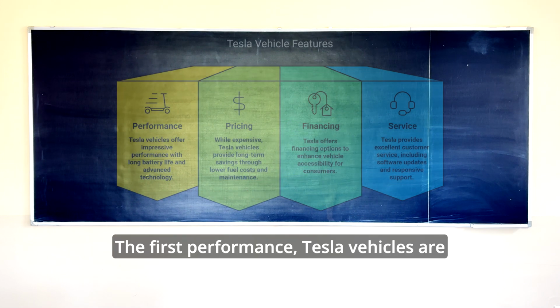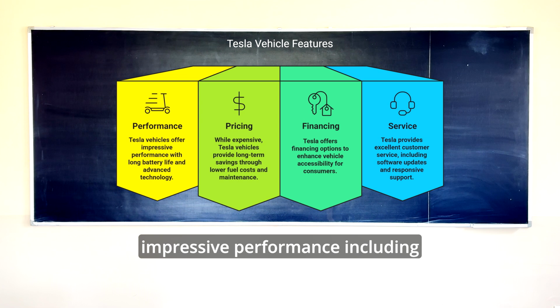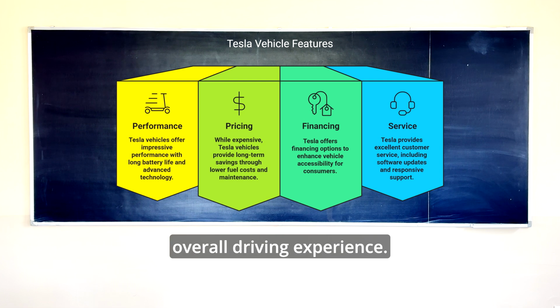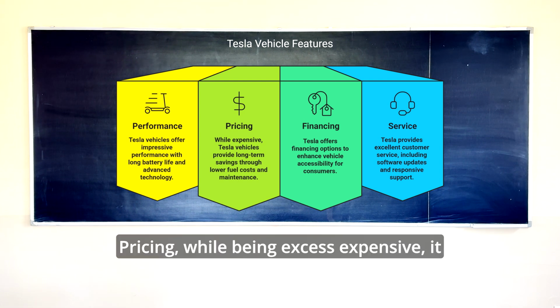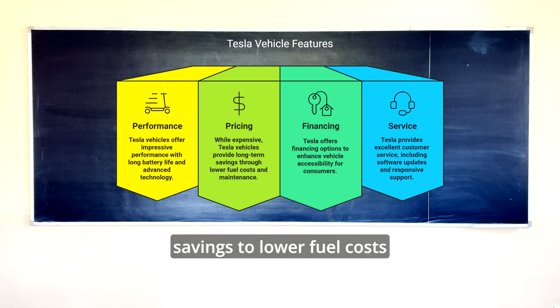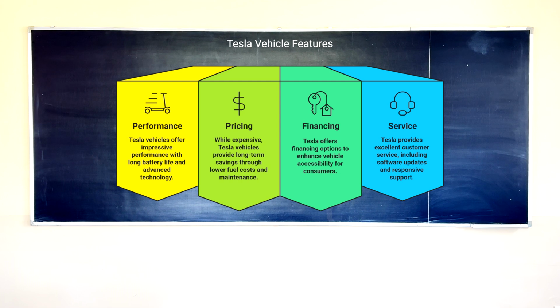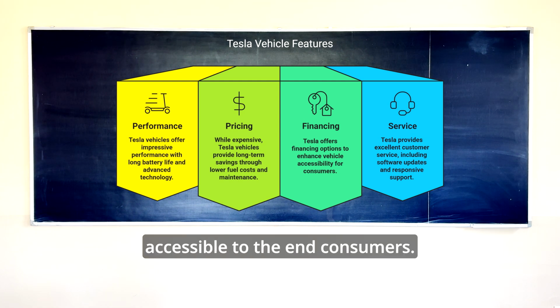The first, performance. Tesla vehicles are known for their impressive performance, including long battery life, cutting edge technology, autopilot features, and overall driving experience. Pricing, while being expensive, it offers long term savings through lower fuel costs and less maintenance than the traditional conventional cars. They also offer financing options to make the vehicles more accessible to the end consumers.